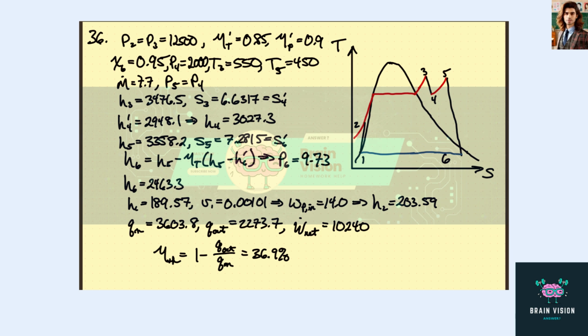The net work is just the difference of these two, and then we can get the power output by taking the net work and multiplying by the mass flow rate, so we get about 10.2 megawatts. Finally, we can get the efficiency by using the heat transfer, W dot net over Q in, or w net over q in. Anyway, that winds up being about 36.9%.